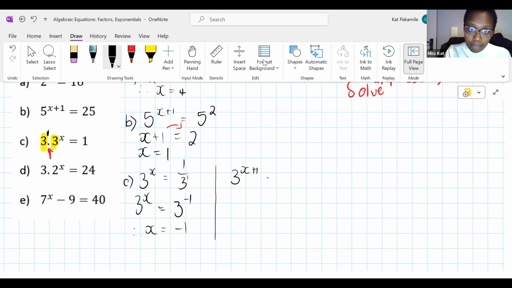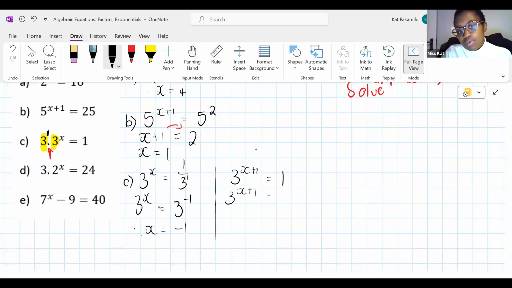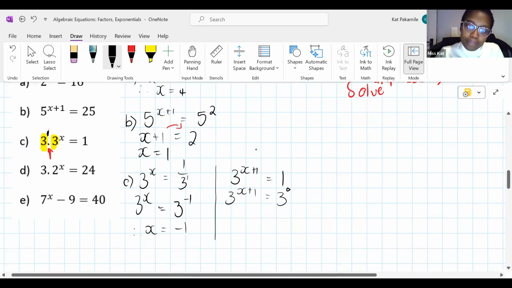Are you with me so far? Yes, ma'am. Wonderful. Now let's talk about 1. How do we change 1 to something with a base of 3? Ma'am, we can write it as 3 to the power of 0. There we go, Tammy. 3 to the power of 0, because anything to the power of 0 is 1.